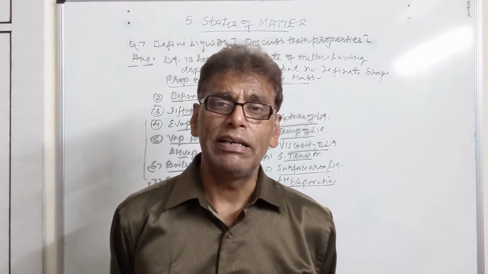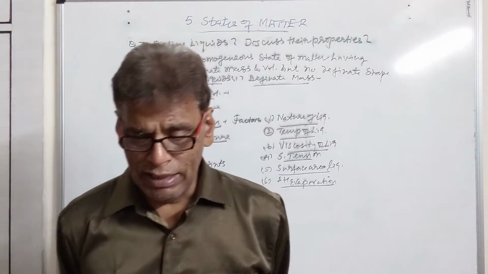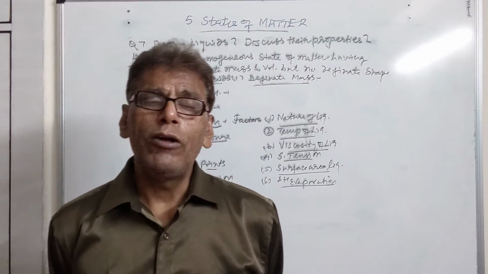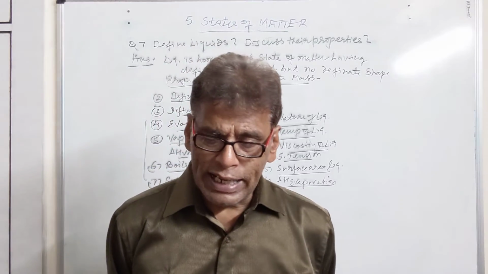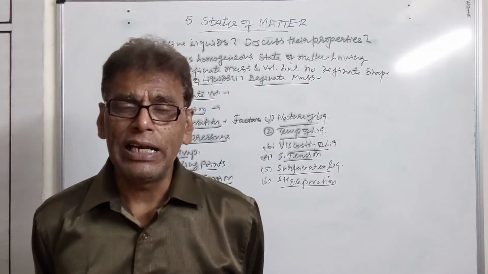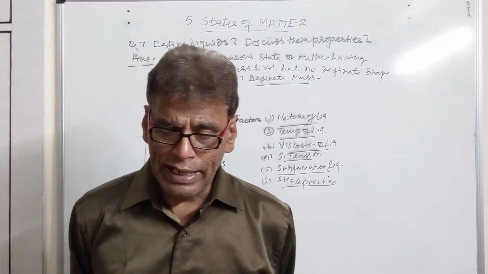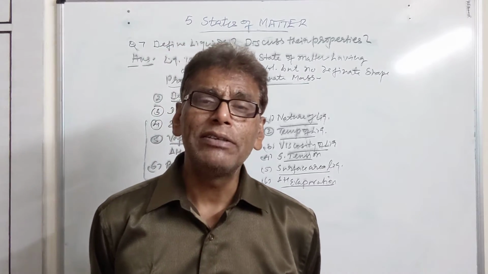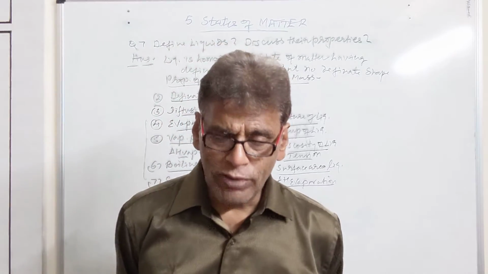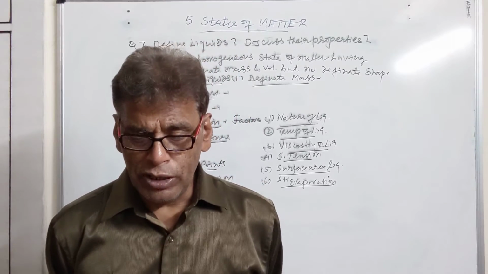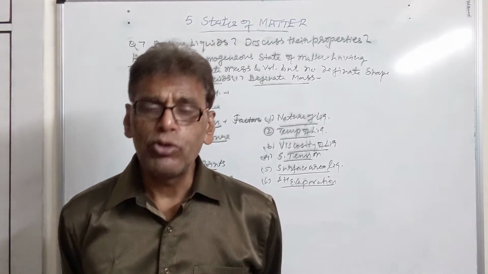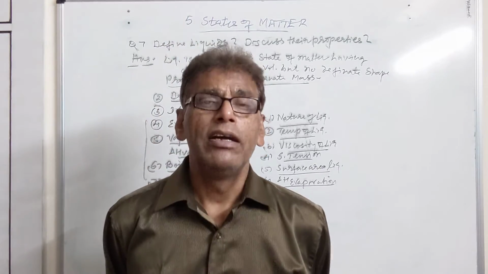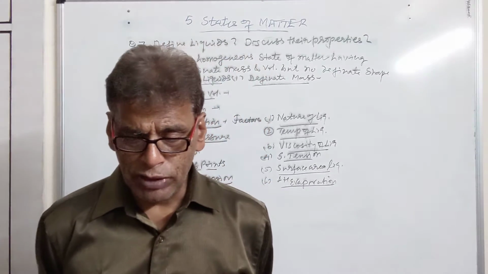Then how is surface tension measured? It is also measured in terms of the energy required to increase the surface area of the liquid by unit area. This is called surface tension, or it is also defined as the force in newtons per meter acting perpendicular to the tangential line drawn on the surface of the liquid.